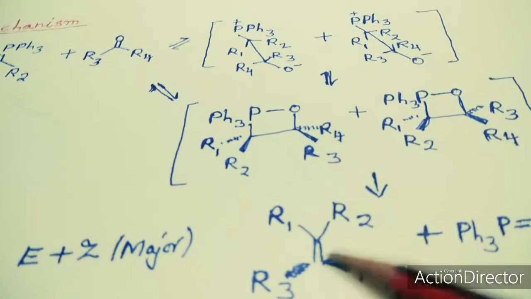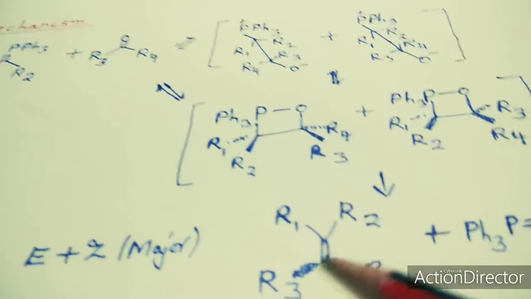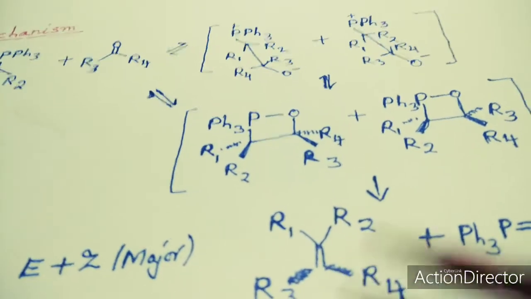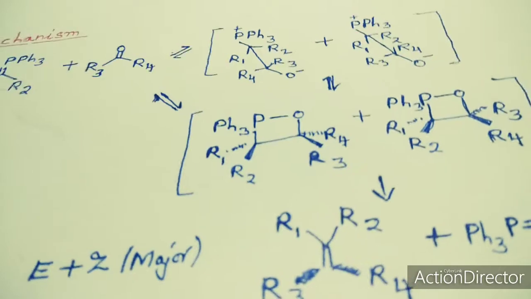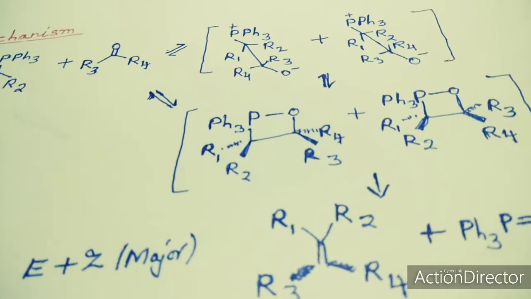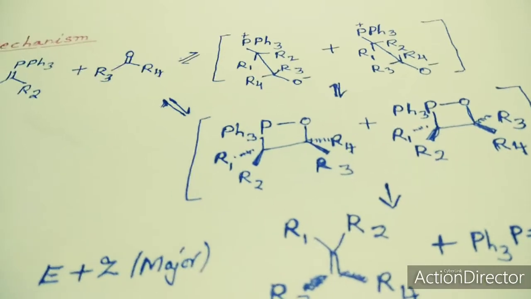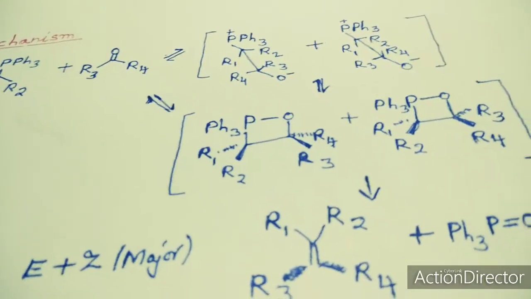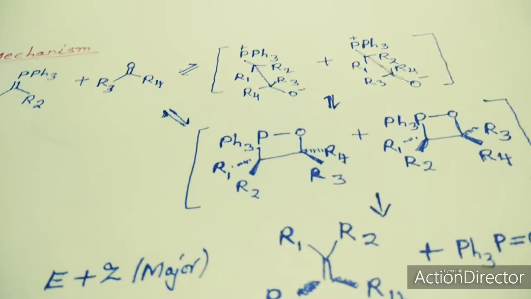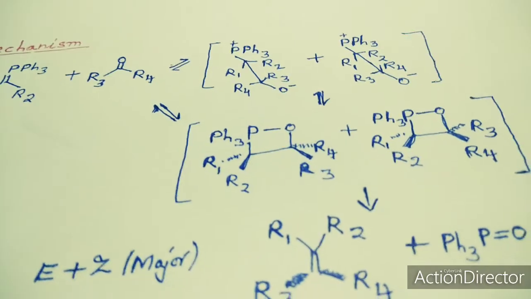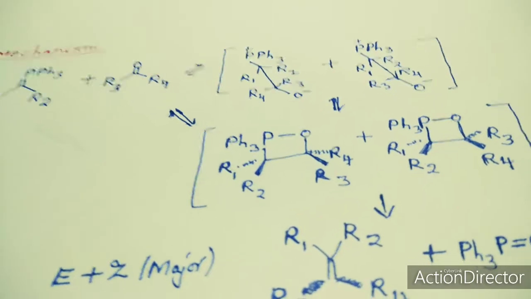That's why this has been shown by wriggly lines, because the stereochemistry outcome will depend on the type of halide we have selected. Though generally, in a common reaction where R is equal to alkyl, the general unstabilized halides which are selected, the Z isomer is the main product and E is the minor product.